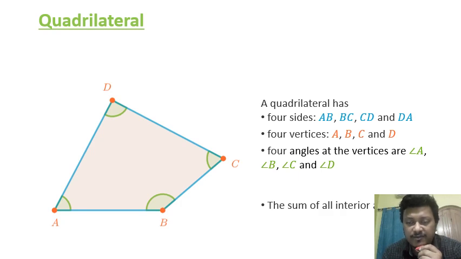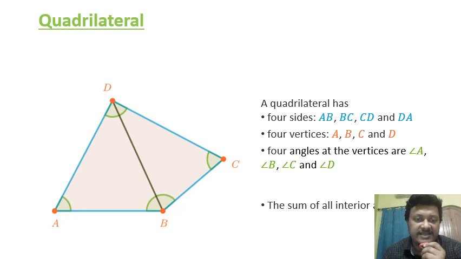Now the sum of these four interior angles is 360 degrees. This can be shown very easily using the property of a triangle. To do so, let us draw a segment BD which divides the quadrilateral into two triangles ABD and BCD. Now we know that the sum of interior angles of a triangle is 180 degrees.